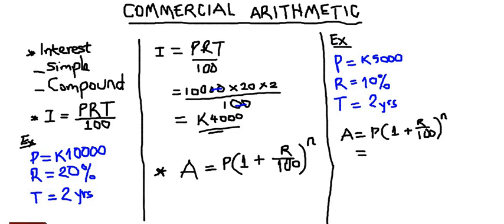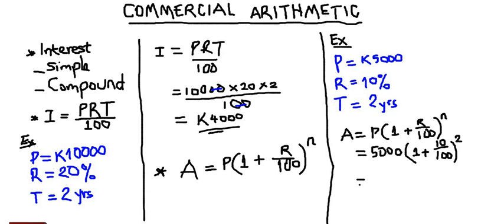So we'll get the principal, which is 5,000, into 1 plus the interest rate, which is 10, over 100, to the power, the period n, which is 2 years.